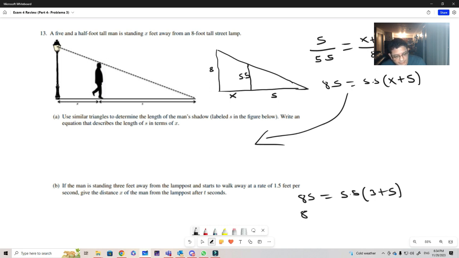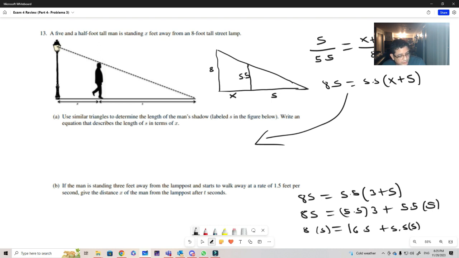And we can say 8S is 5.5 times 3 plus 5.5 times S. And so this is here 16.5, 5.5S, 8S.